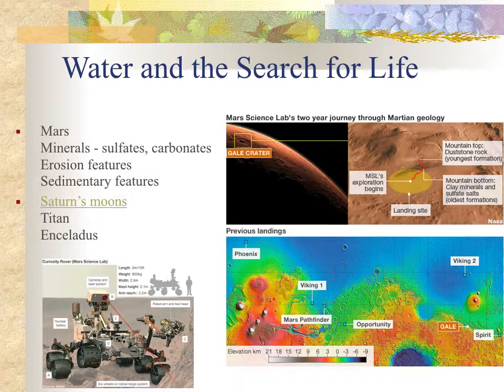They look for features that may have indicated water was flowing on the surface of Mars at one time. They look for deposits that might have been laid down in water. And we're finding some examples of that. And that gives people hope that there was, or maybe still are, living organisms there. Likewise, on other places, the moons of Saturn, there's really good evidence of water. And so we have hope that there might be life in other places.